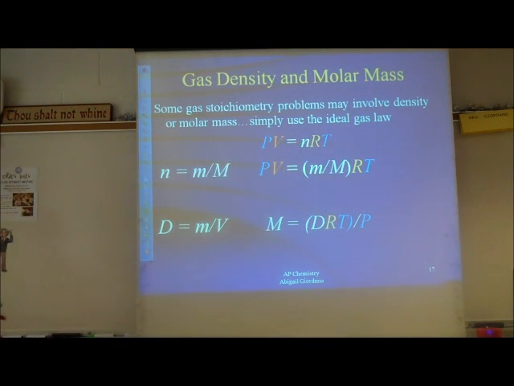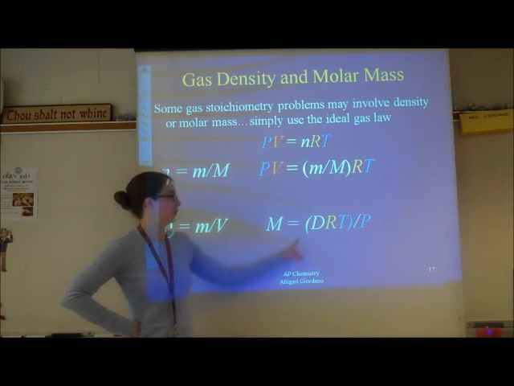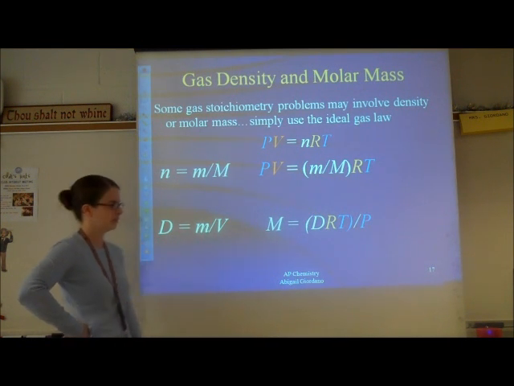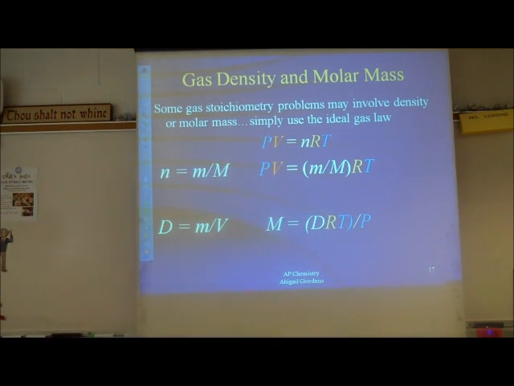And I'm going to share with you how my high school chemistry teacher got us to remember this. Molar mass equals dirty P. Ew, gross. You won't forget it. Molar mass equals dirty P. Ew. Gross. That's nasty. Yeah.